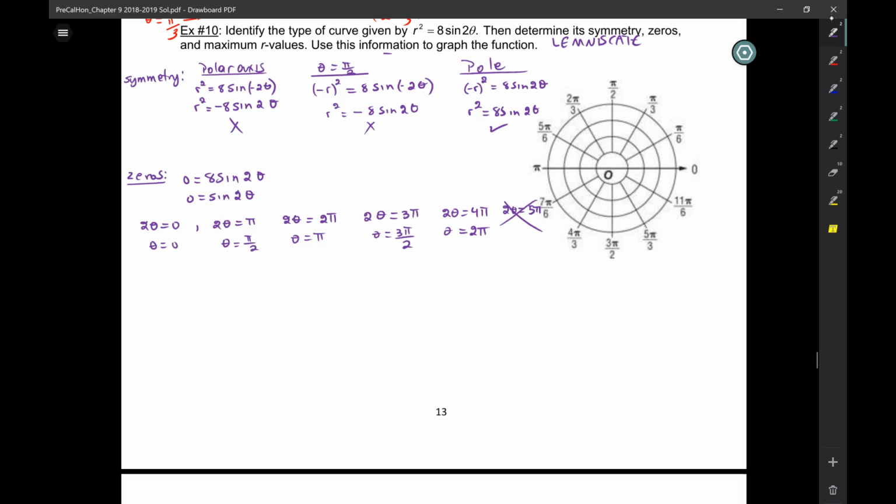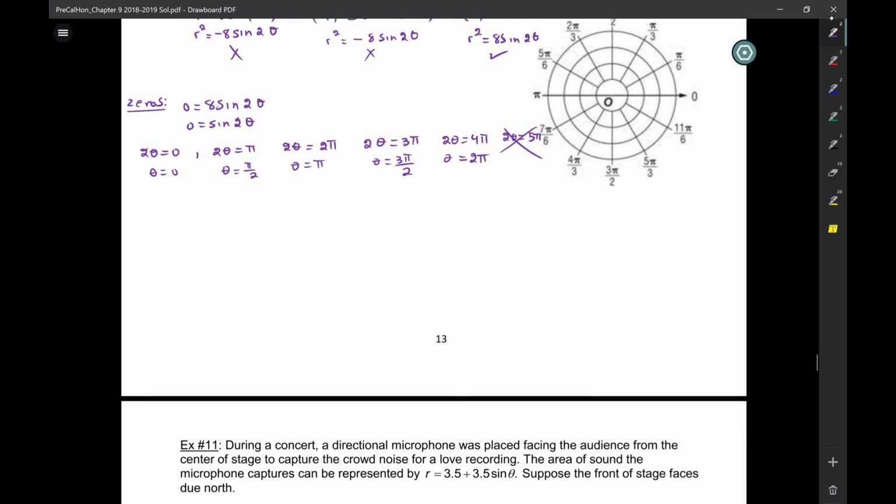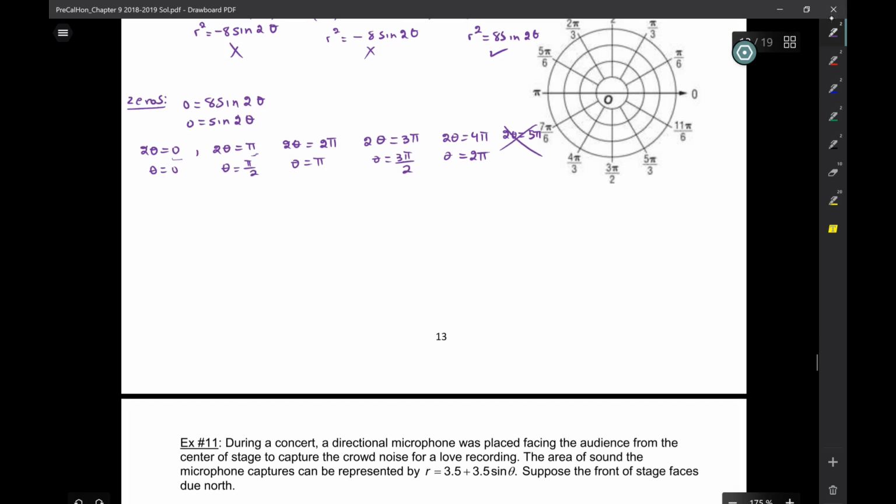So sine is 0 when the angle is 0, pi, 2 pi. You do 2 theta because the angle here is 2 theta. You do 2 theta equals 0, 2 theta equals pi, 2 theta equals 2 pi. You're picking all the points where sine is 0.